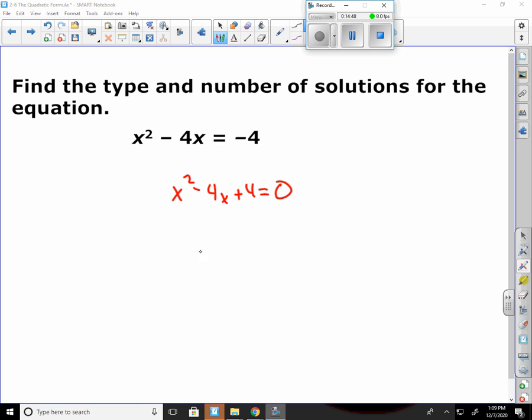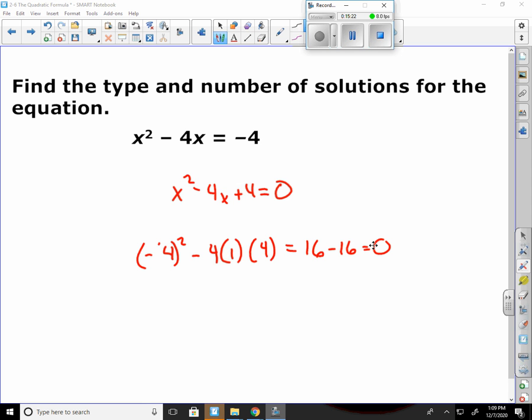Now that it's equal to 0, we do our regular equation, b squared minus 4ac. It gives us negative 4 squared minus 4 times 1 times 4. Negative 4 squared is 16. 4 times 1 times 4 is also 16. 16 minus 16 is 0.